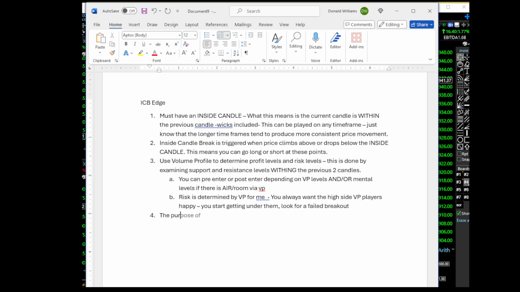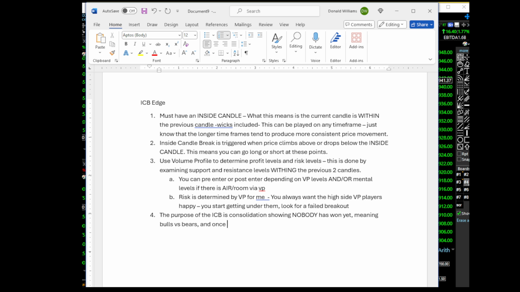The purpose of the inside candle is consolidation, showing nobody has won yet, meaning bulls versus bears.